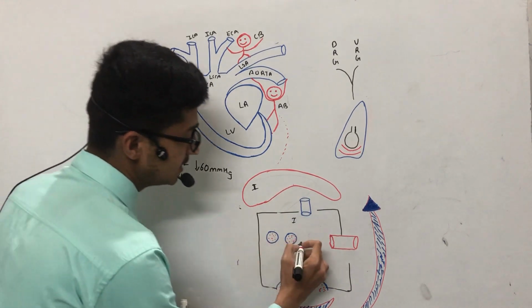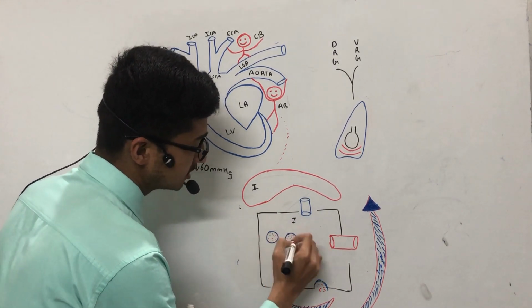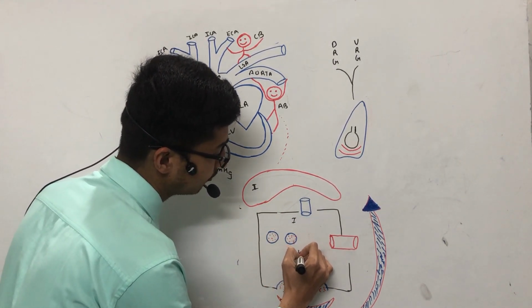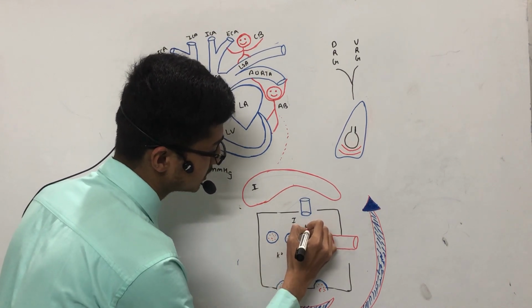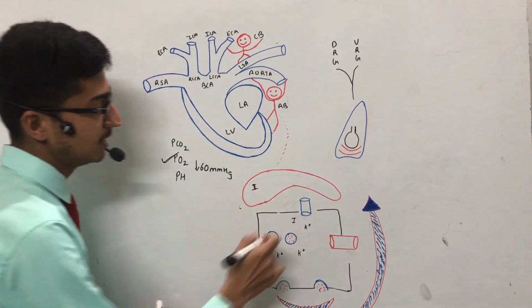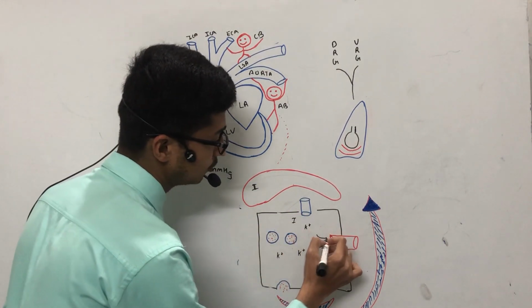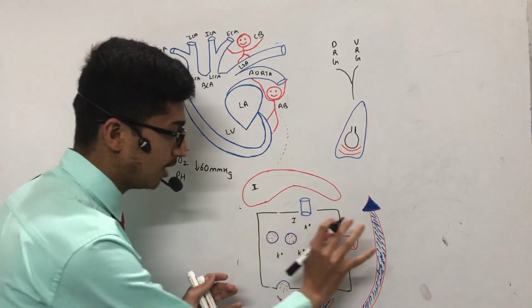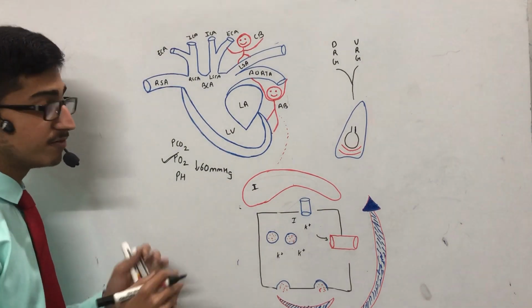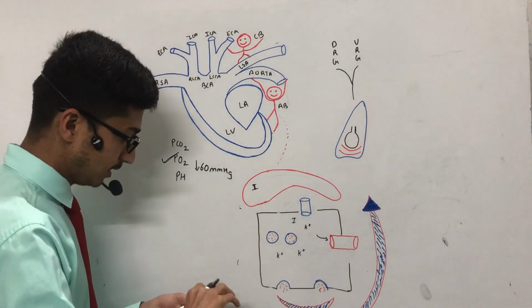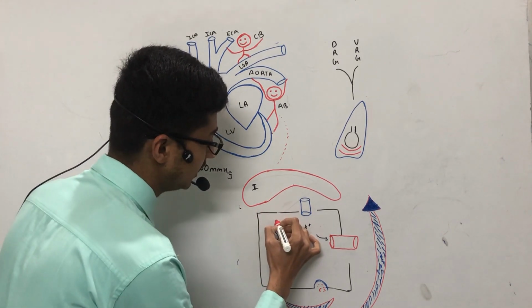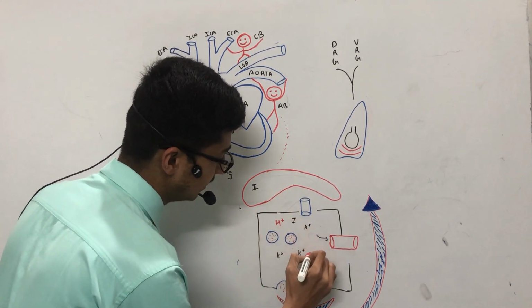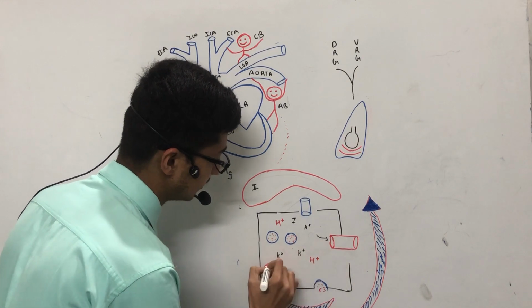Inside this type 1 cell, along with these dopamine vesicles, we have positively charged potassium ions. This is our potassium channel through which potassium moves out of the cell. What happens here? The metabolic acids will increase the H plus ion inside the cell.